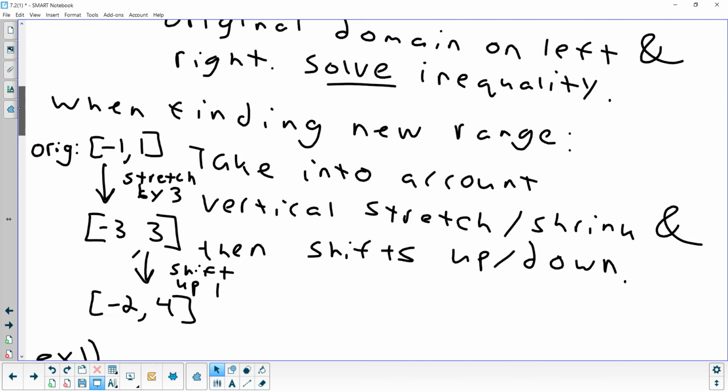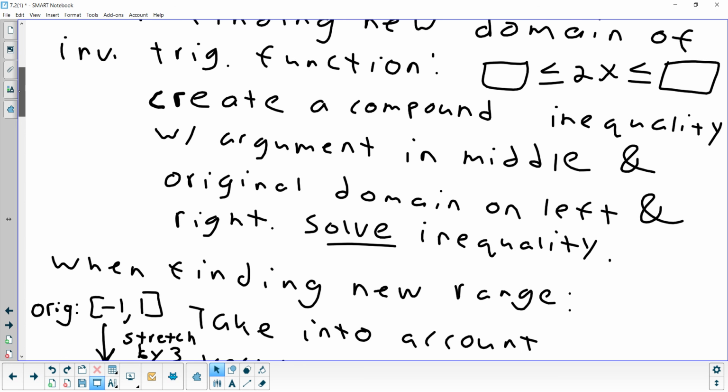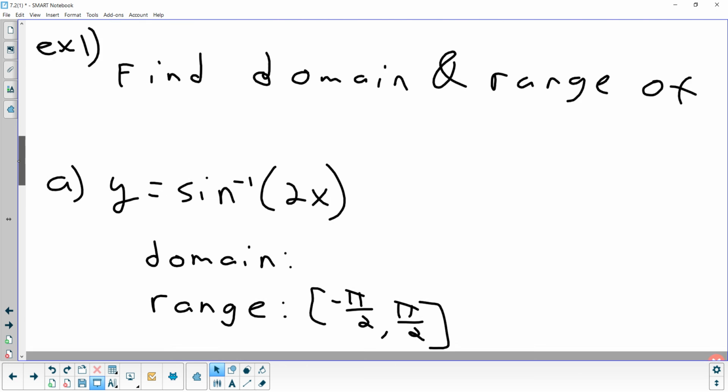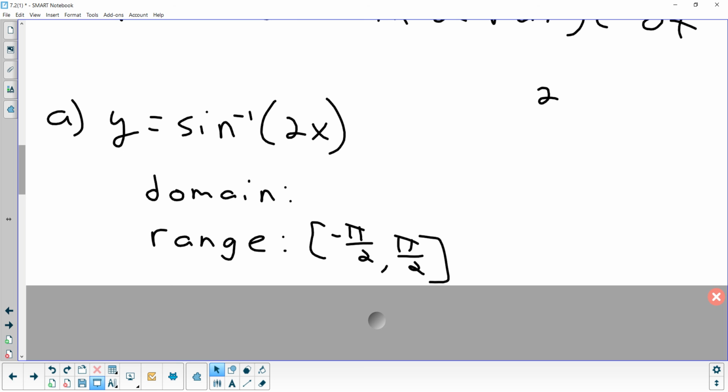Now, find the new domain. Create a compound inequality with the argument in the middle. All right. Put the original domain on the left and the right. What's the domain of inverse sine? Jake? -1 to 1. And Francesca, how am I going to solve that?